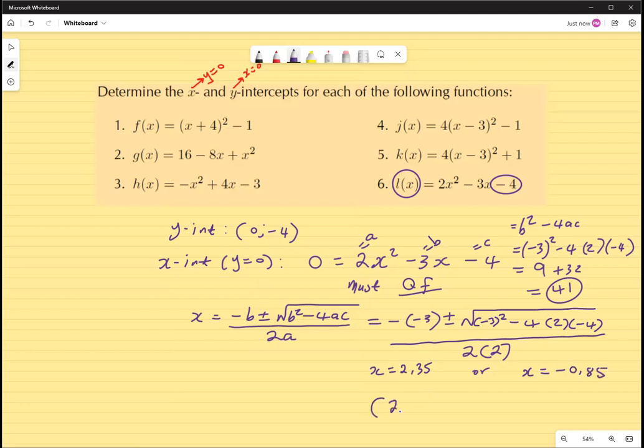Therefore, your x-intercepts are (2.35; 0), which is your y, and (-0.85; 0). I'm sure you always see that I don't forget my coordinates when I do my intercepts. Intercepts are points, so you always write them in coordinate form.